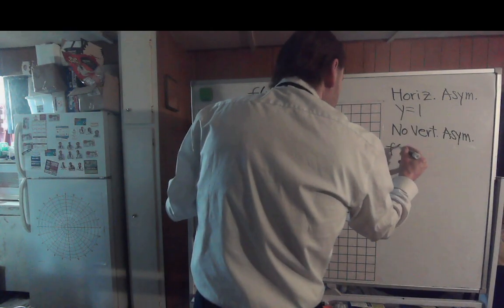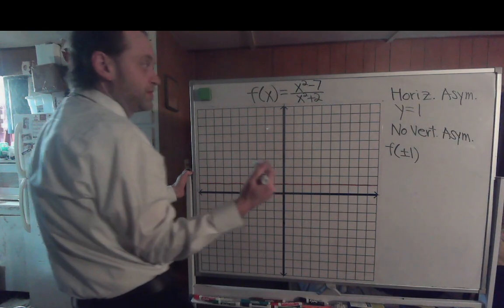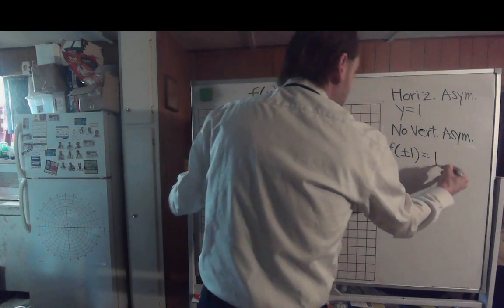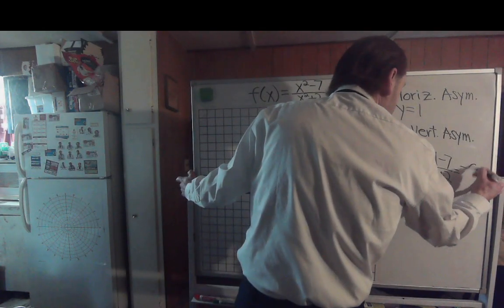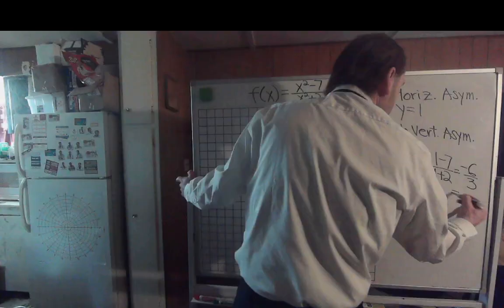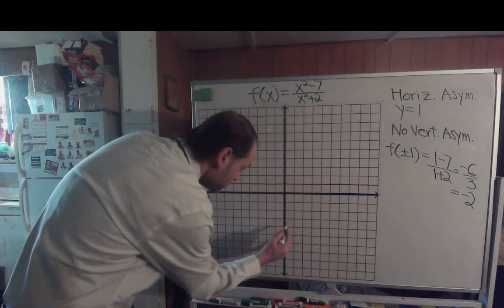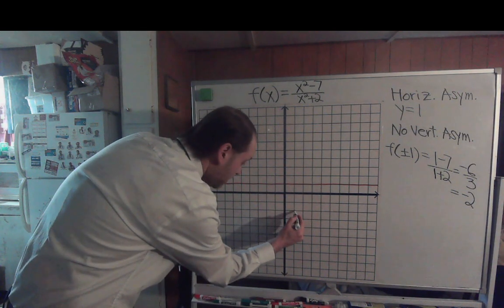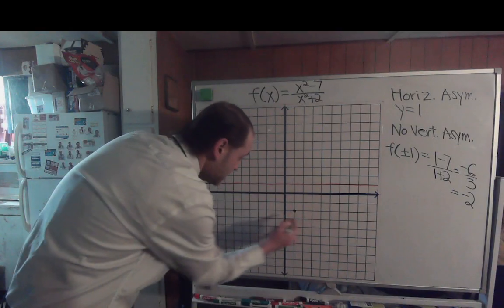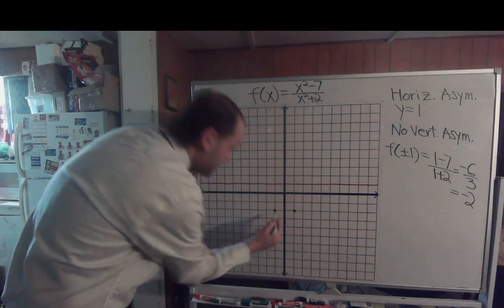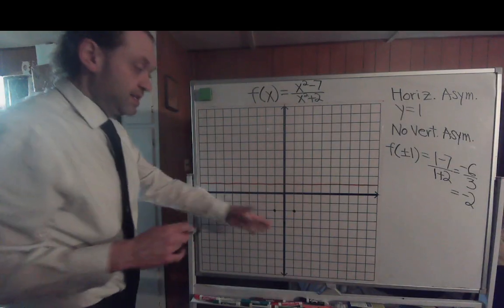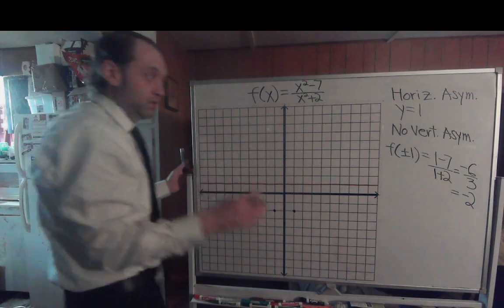So let's take care of both plus and minus 1 at the same time for those x values. I literally get 1 minus 7 divided by 1 plus 2, which would give me negative 6 divided by 3, which would give me a y value of negative 2 on both counts. So at plus 1, I'll get a y value of negative 2, and at negative 1, I'll get the same, a y value of negative 2. See what I did there? I can kill two birds with one stone if I do that.